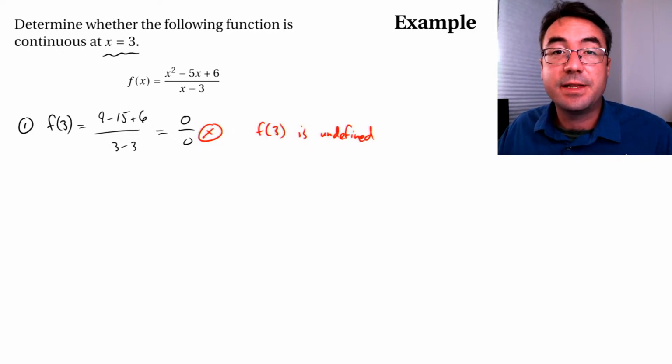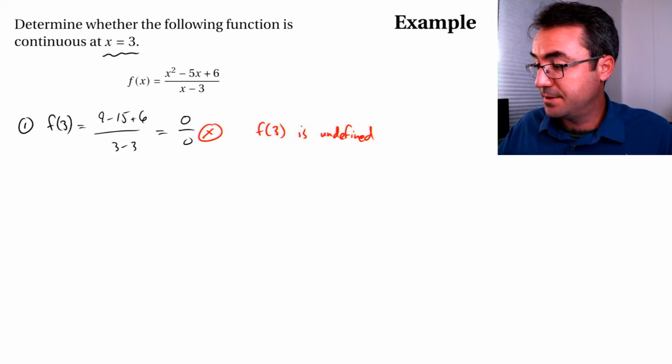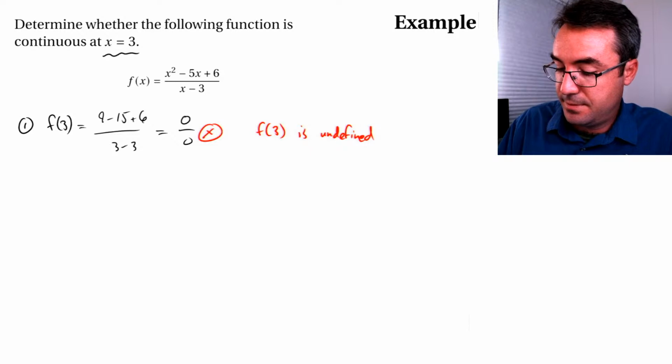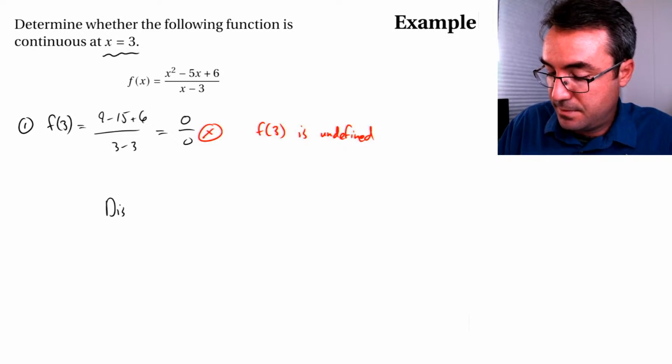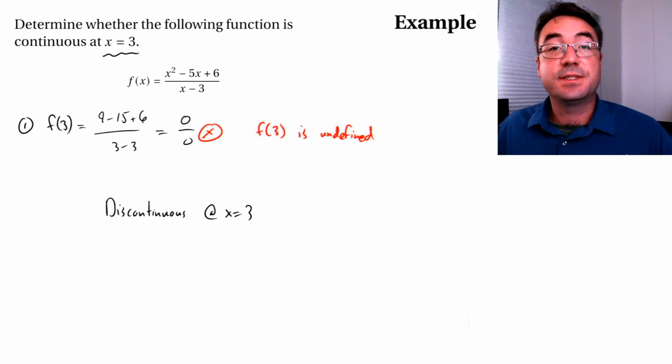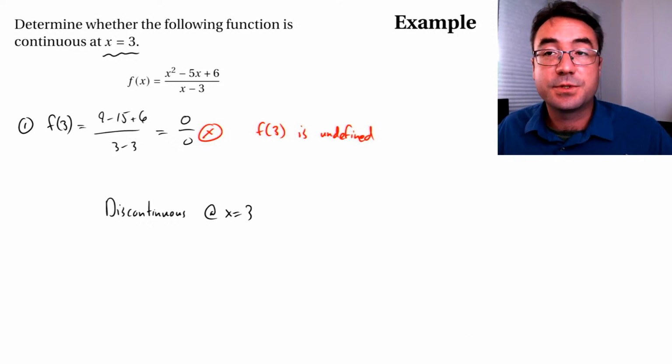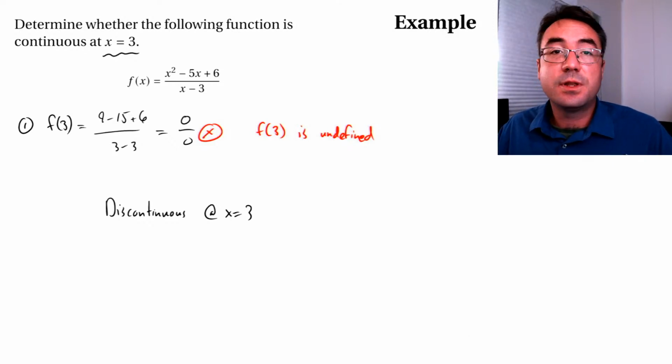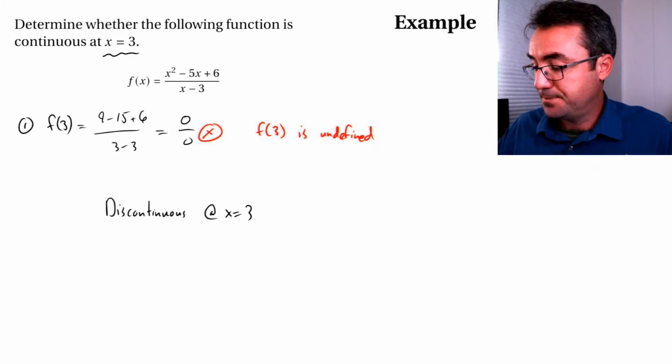That automatically means it's discontinuous. So this function is discontinuous at x equals 3. We don't even have to do the limit. So the limit here is not necessary for us to check because our function is undefined.